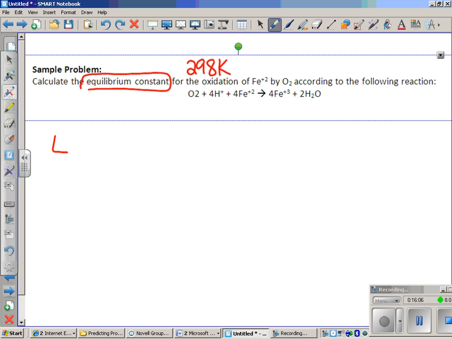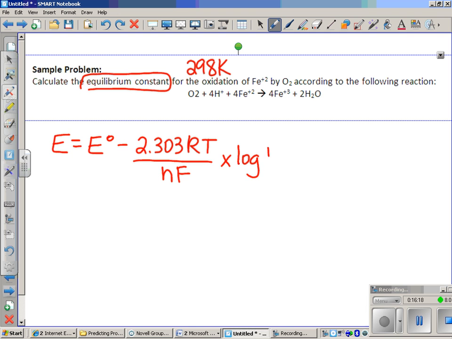So you know you're going to do this equation. Call it log of K now. And I really should have just right off the bat made this a 0 because we are at equilibrium according to the problem. If we plug in what we know, so we know 0, we know the cell potential.